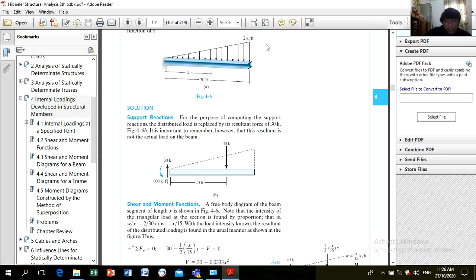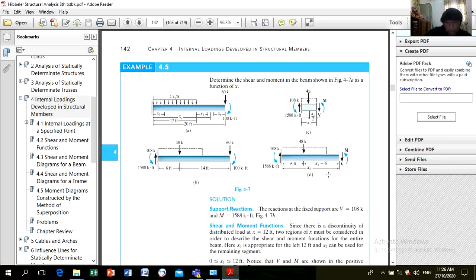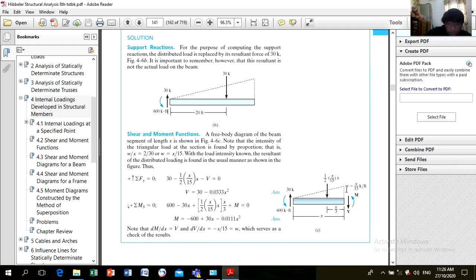Let's say this is y. Y over x is equal to 2 over 30. So y over x is equal to 1 over 15. So y is x over 15. So this load is x over 15.